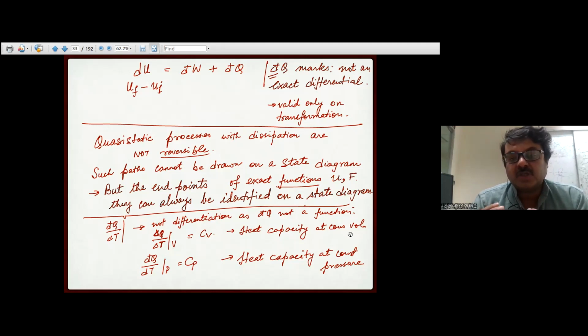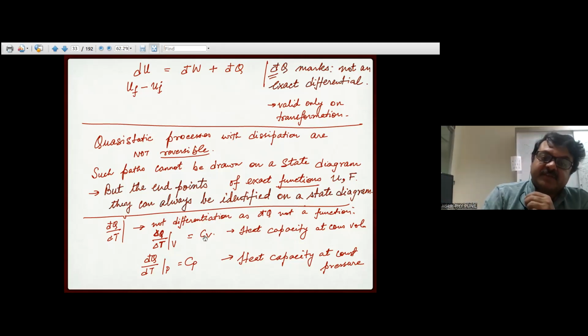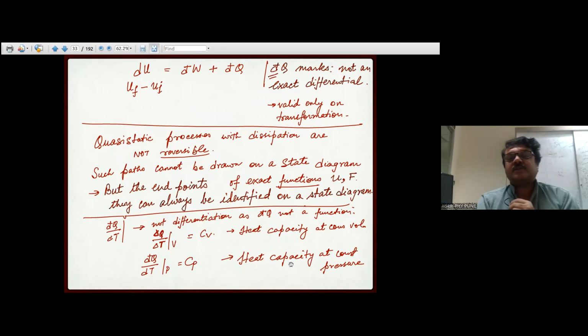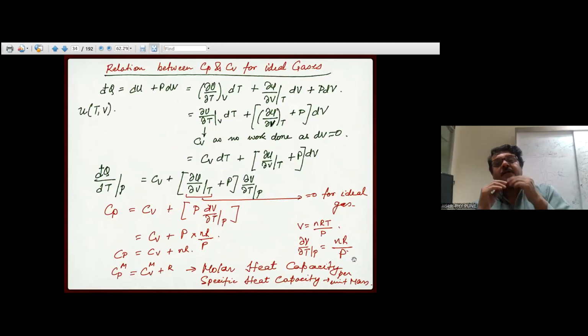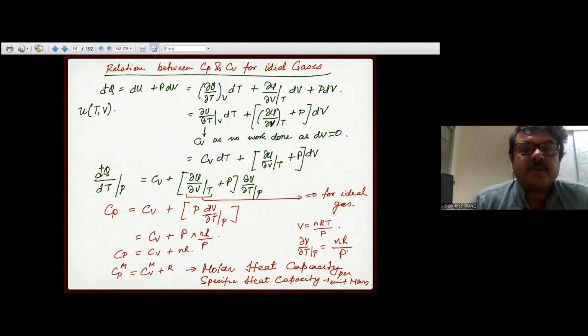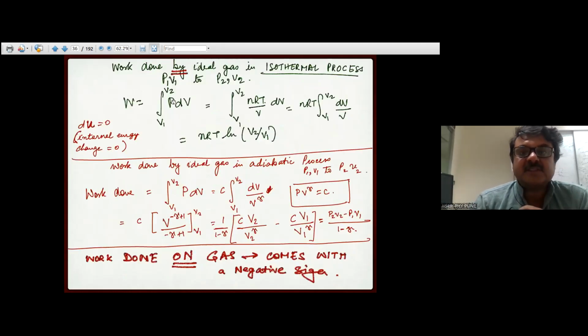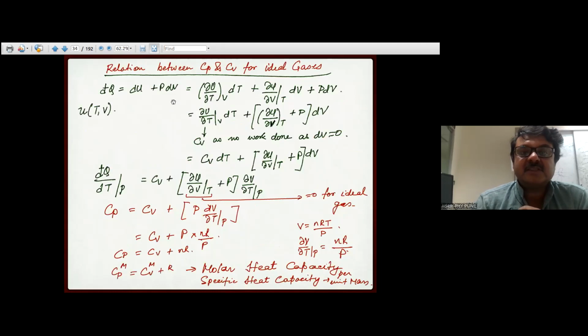So the amount of heat absorbed to change T by a unit, whatever be your unit, let's take it to be Kelvin, under constant volume, it will have Cv, but if you do it under constant pressure, it will have a different value. It's heat capacity at constant pressure, right? Now the relation between Cp and Cv, but only for ideal gases. So this discussion is only for ideal gases.